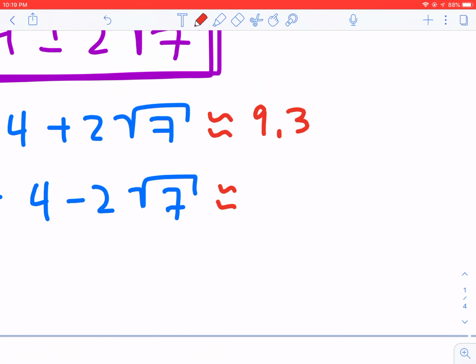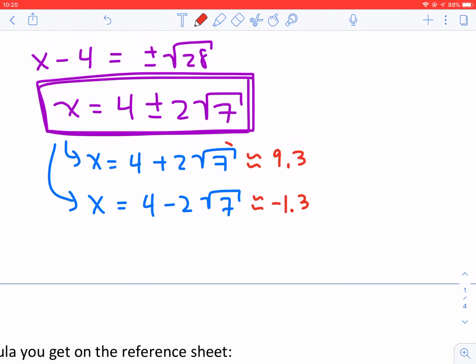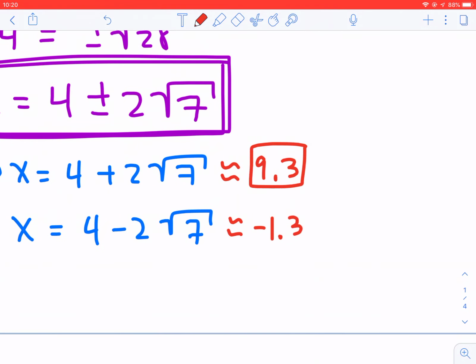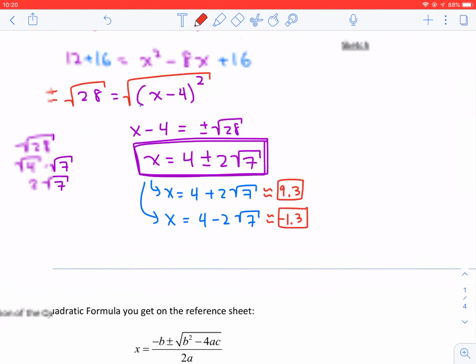And this value here is 4 minus 2 square root of 7, and that is about negative 1.3. So these weird, scary looking numbers are just about 9.3 and negative 1.3. So that's where my two zeros are.